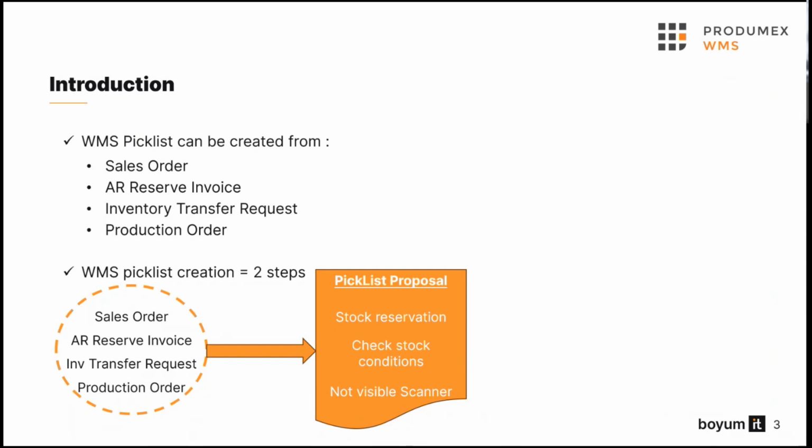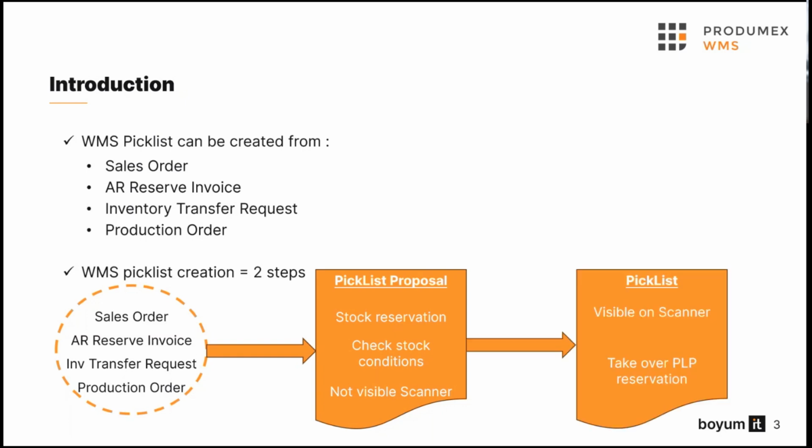A pick list proposal is not visible on the scanner. It's a first step where we make sure that the goods are in the warehouse and will be pickable and so then shippable to the customer. Then from the pick list proposal, we give the possibility to create the final pick list, which will be visible on the scanner.